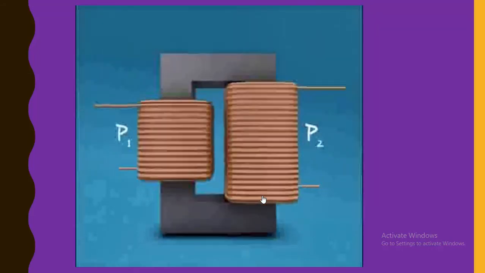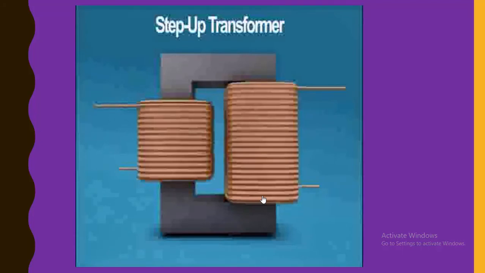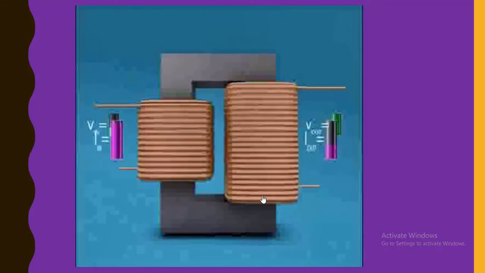As you can see here, in this case the coil on the left side, which we can call the primary coil, has fewer turns than the coil on the right side, which we can call the secondary coil. And the transformer is called a step-up transformer. In this case, the voltage induced on the secondary coil, V out, is higher than the voltage applied, V in, on the primary coil, whereas the current is reduced as the power has to remain constant.